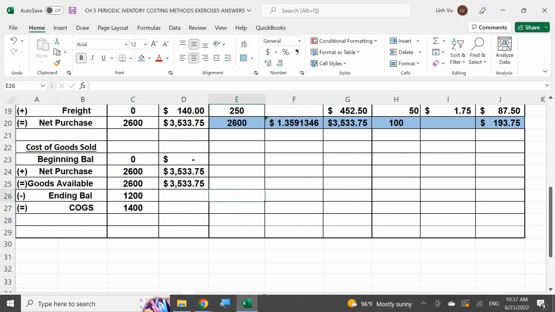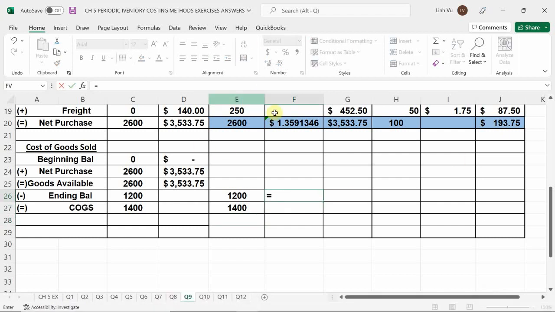So in this case, I can solve for both my ending balance and my cost of goods sold, because I have my average cost per item, right?